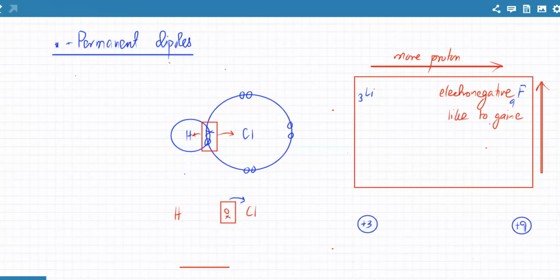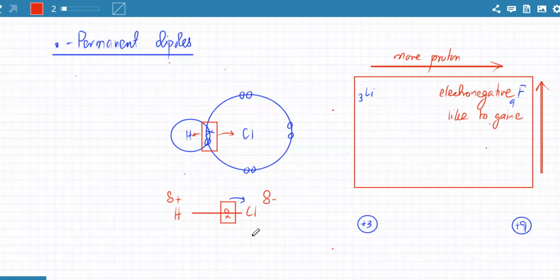And the difference is not that much. It's just that they are slightly closer. In ionic, what happens is that the electrons get completely gained by Cl. So when the electronegativity difference is huge, that's ionic. H would completely lose those electrons and Cl would completely gain those electrons. But not in this case. The electrons are just slightly closer to Cl. So which is why Cl is going to have a very slight or partial negative charge, and H would have a very slight partial positive charge. Is this point clear?